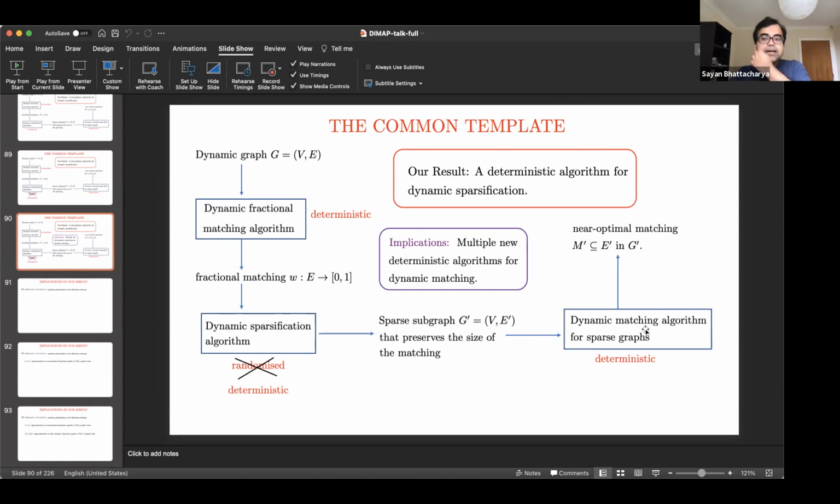But for general graphs, it's not going to be true. And there we use properties of the existing fractional matching algorithms to show that if you have a certain kind of fractional matching algorithm which gives 2 approximation, even on general graphs, you don't lose any extra 3/2 factor when you are making this conversion from fractional to integral.